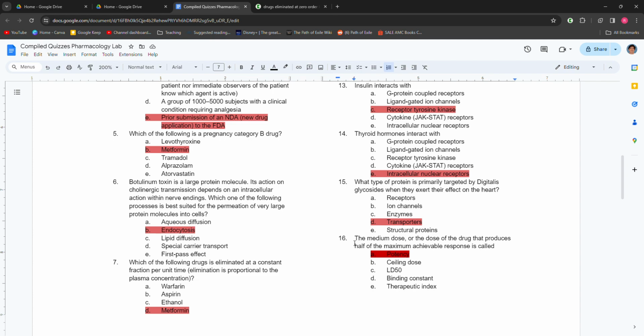And number 16, this is the definition of potency. That is the median dose, or the dose that produces 1/2 of the maximum effect. That's your potency.